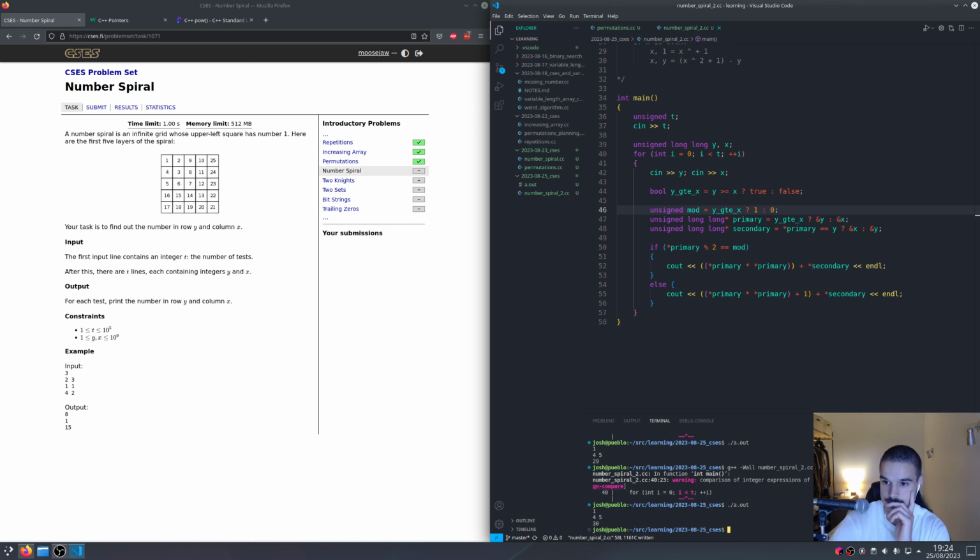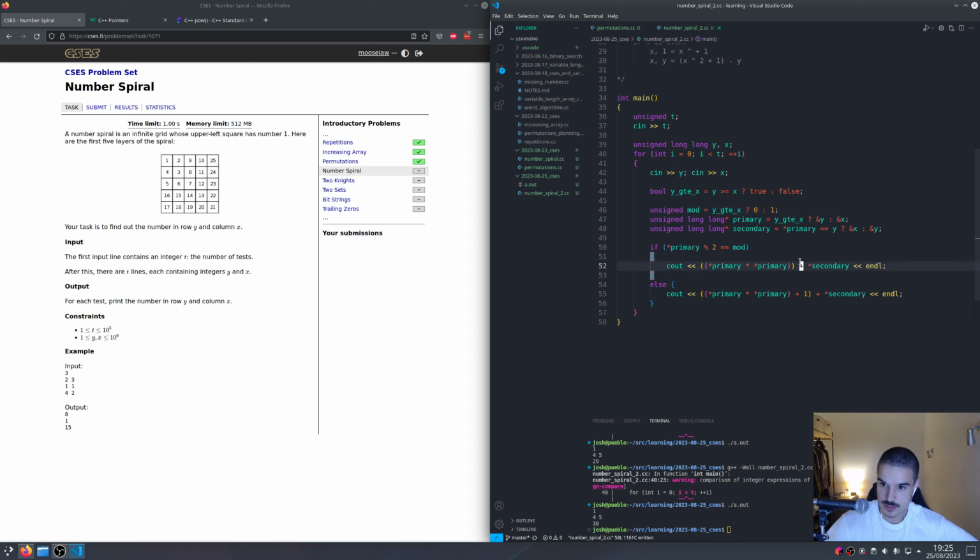Oh, that's even worse. Okay, so that wasn't the problem. If primary over 2 is equal to the mod output that we're looking for. Yeah, because if y is our primary, we actually are looking in this case for an even number.